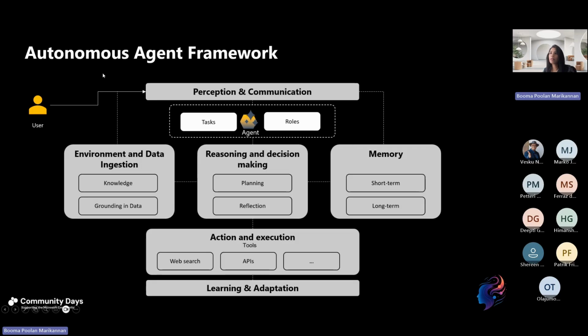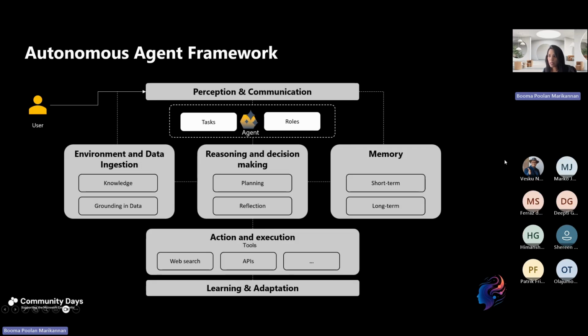And coming to the autonomous agent framework. This is our autonomous agent framework, which starts with, let's just assume, here is our user. If I'm hitting a user question, that will hit the first step, which is perception and communication, right? First, the service tries to gather the user query.